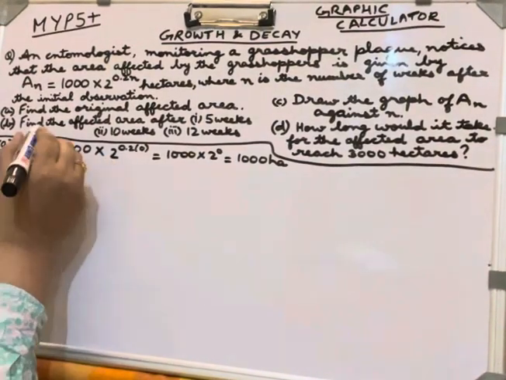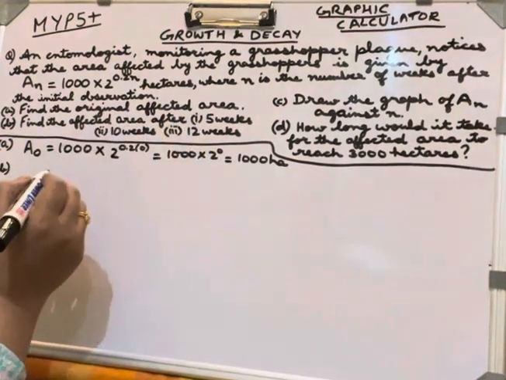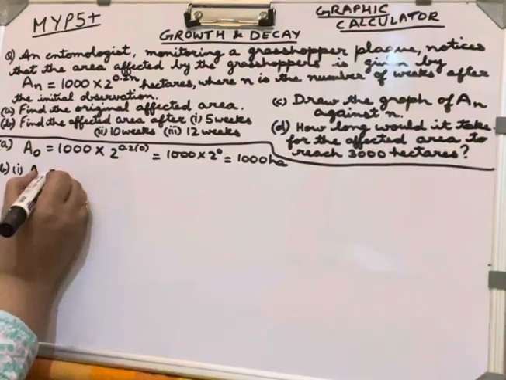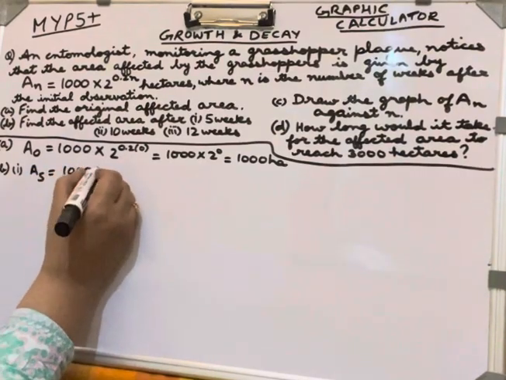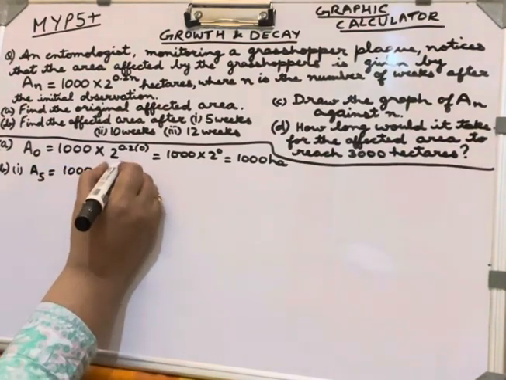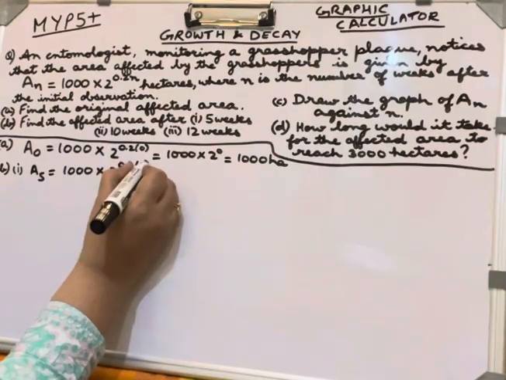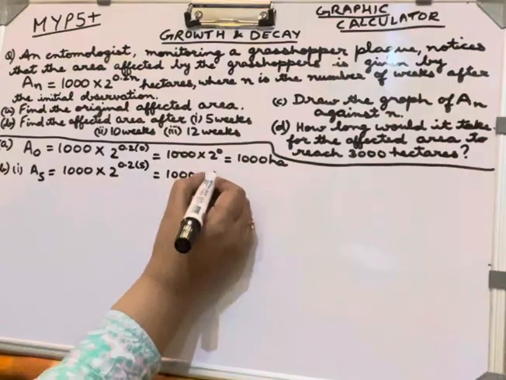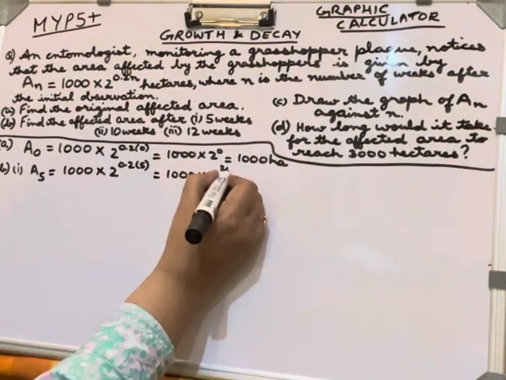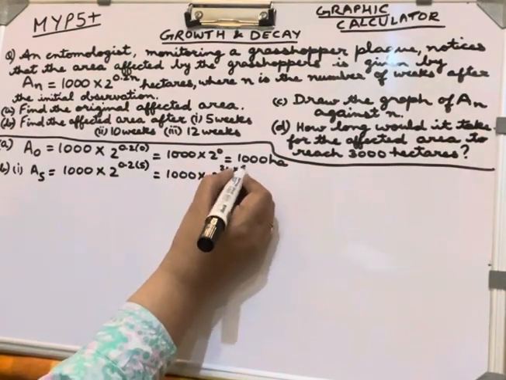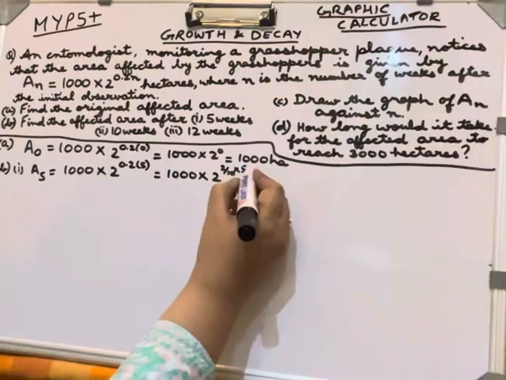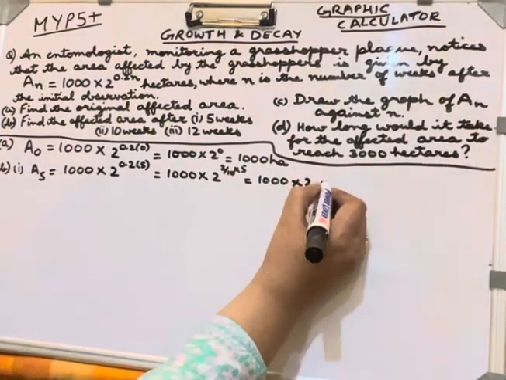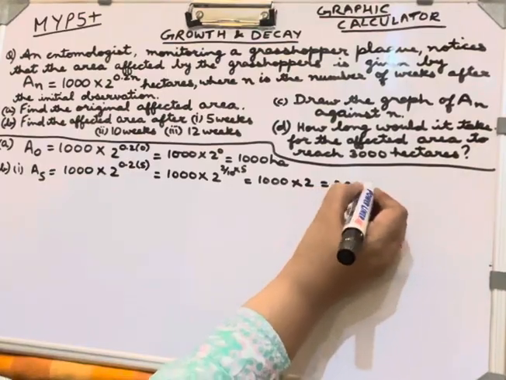Part B. Find the affected area after 5 weeks. So B part 1, A_5 is equal to 1000 multiplied by 2 to the power 0.2 into 5, which is 1000 into 2 to the power 2 by 10 multiplied by 5, which is 1000 into 2, which is 2000 hectare.